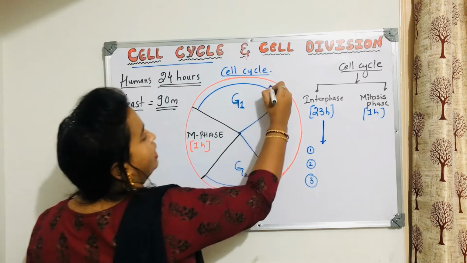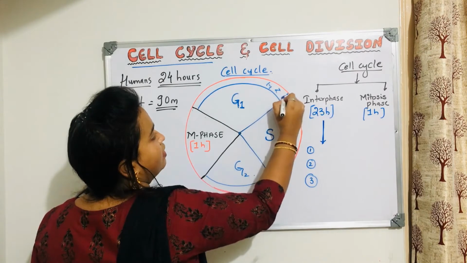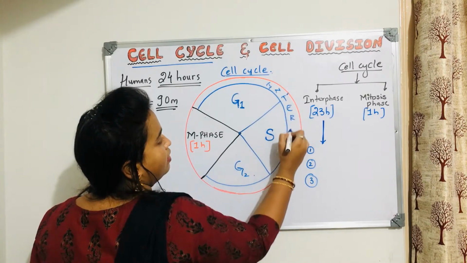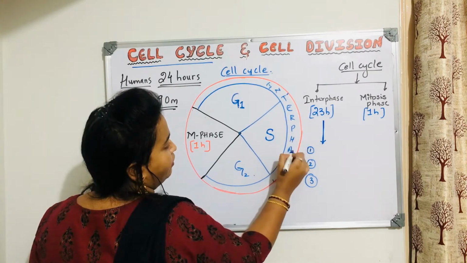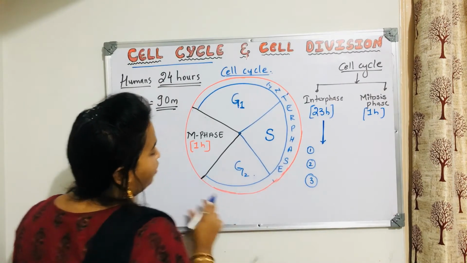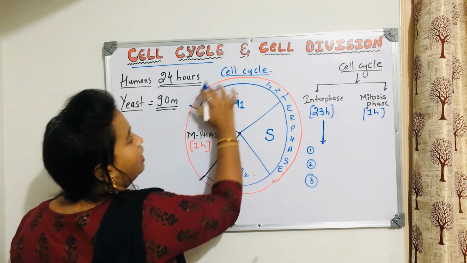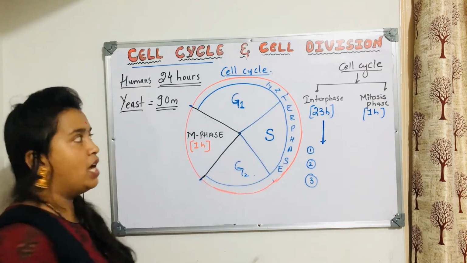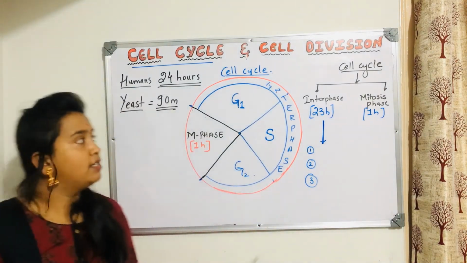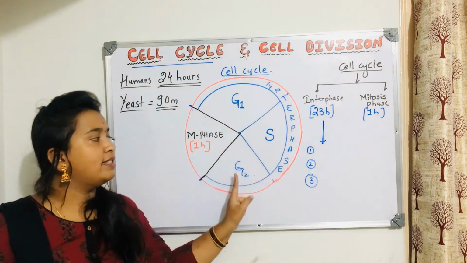Okay, let us write it here. It is interphase, from this part to this part. Completely this is interphase. Now in interphase there are 3 phases: G1 phase, S phase and G2 phase.